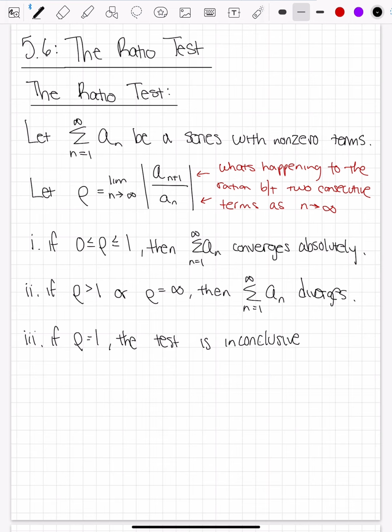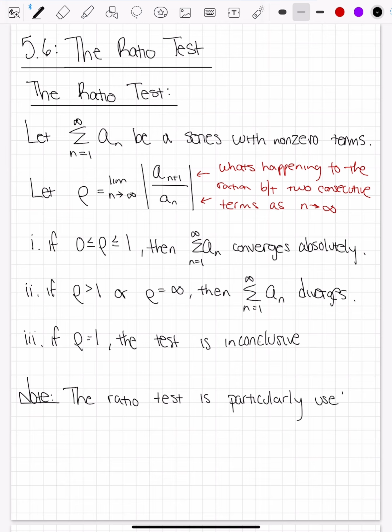And when is this handy? At the beginning of this chapter, I talked about factorials and exponential functions, and I went over what a factorial is, and this is where it comes into play. This ratio test is also going to be very important in the next chapter, chapter 6, when we talk about power series.